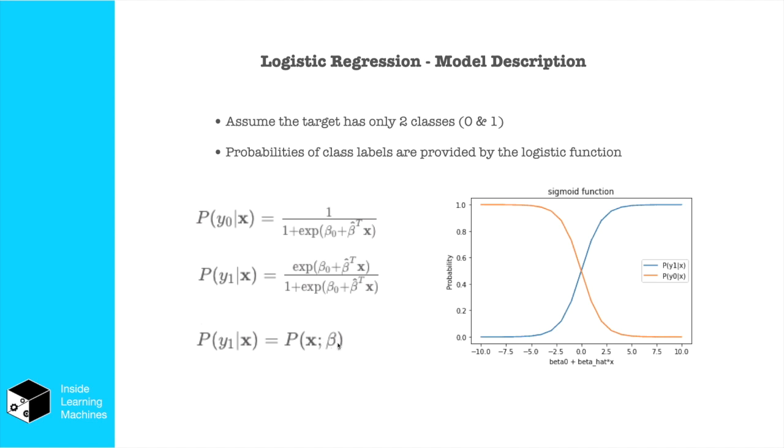And now beta is a combination of our original model parameters, beta hat, plus the intercept, beta 0. So now this column vector has elements that range from beta 0 to beta 1 to beta 2, all the way down to beta m. And so now the probability of getting a 0 can be written in this form, and it will just be equal to 1 minus p of x beta. So you can see that if we just add up these two different probabilities, they will equal 1.